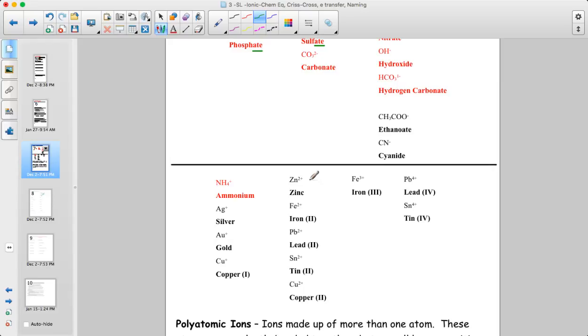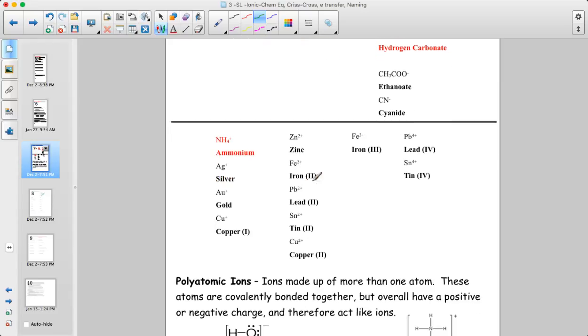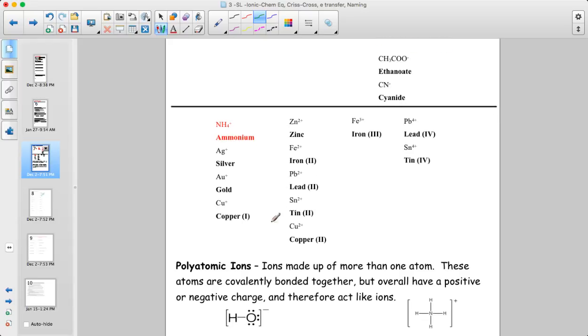The other thing to include while we're at it is that for some metals it's hard to know their charge based on them being in the middle of the table, or they can have multiple charges. One of the most common examples is copper. We've seen that copper can be 1+ and copper can be 2+.